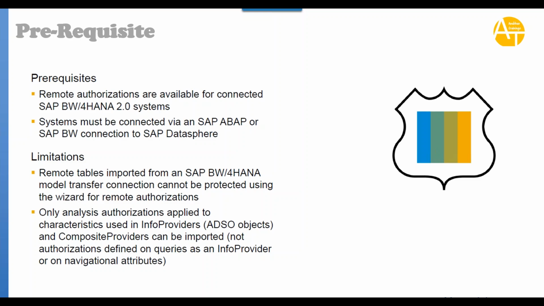Only analysis authorizations apply to characteristics used in the info provider. That means advanced data store objects and composite providers can be imported in the DataSphere. No authorization defined on queries as an info provider or navigational attributes is supported without the further ADSO.